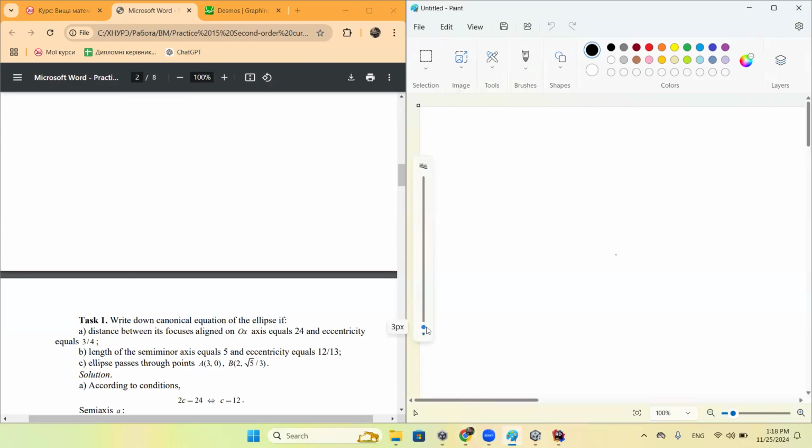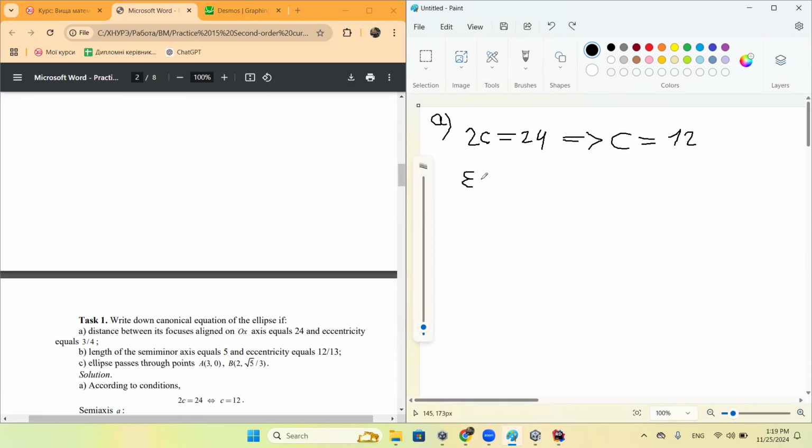The distance between foci equals 2c, so 2c equals 24, and it means that c equals 12.